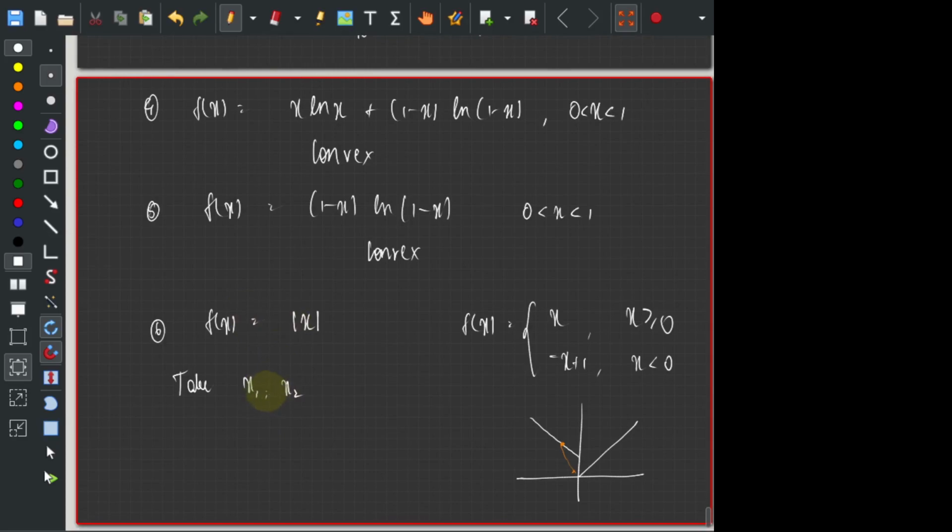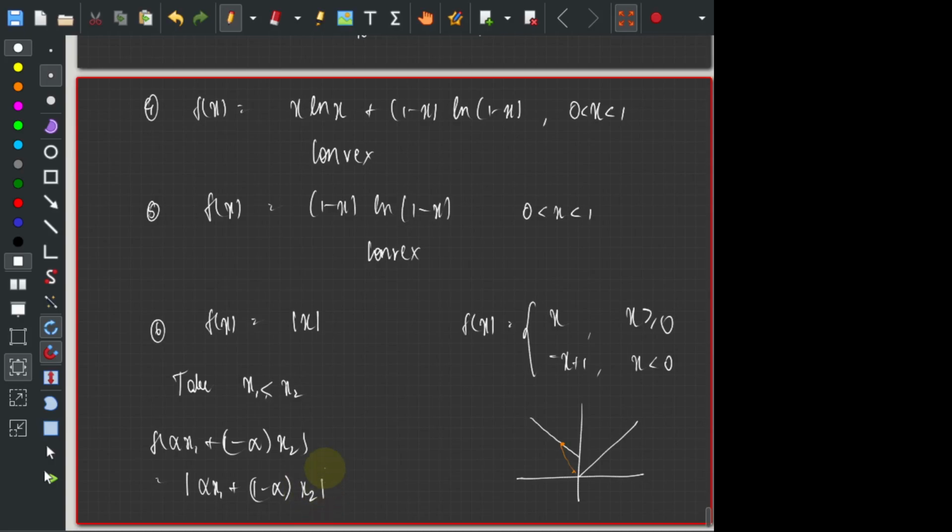Maybe we can take x1 less than x2. So let's look at f of alpha x1 plus 1 minus alpha x2, which is mod of alpha x1 plus 1 minus alpha x2.